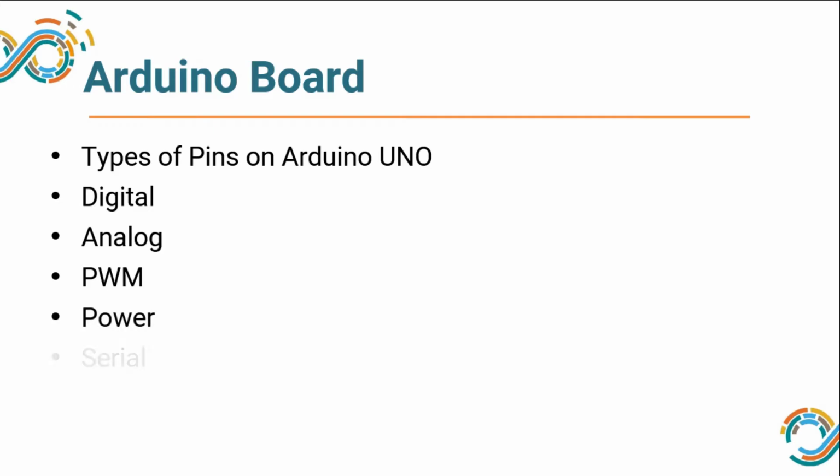We have power pins, serial communication pins, SPI and I2C communication pins, and we have interrupt pins. So there is a lot of different variety. So how do we handle all of them? Let us discuss each category in detail.